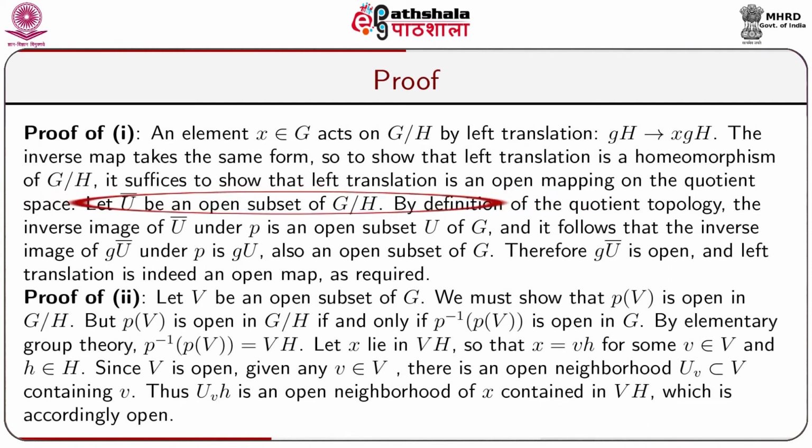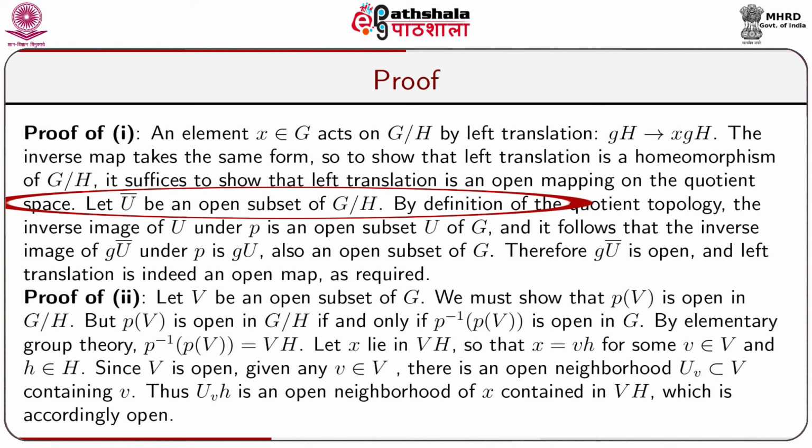Let U bar be an open subset of G by H. Here U bar represents a set of left cosets.